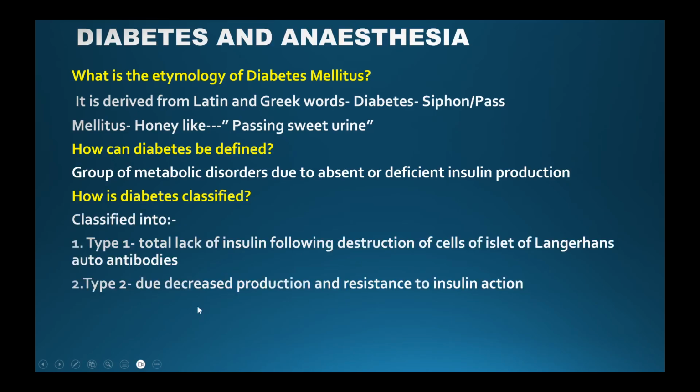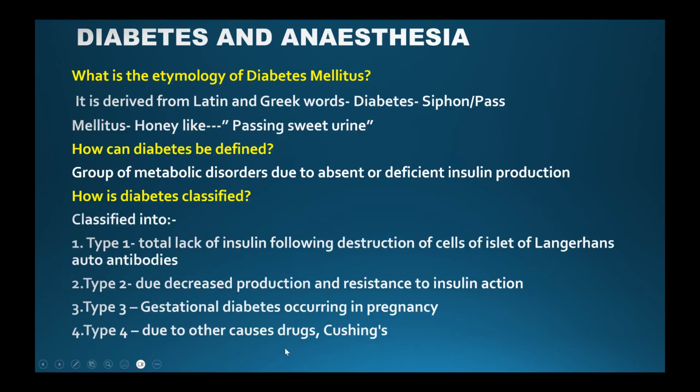Second is type 2, due to decreased production and insulin resistance. Type 1 was earlier called juvenile diabetes and type 2 adult onset diabetes. That is no more the terminology. Third is gestational diabetes occurring in pregnancy. And fourth is due to other causes like drugs, Cushing's disease, etc. So these are the four types into which diabetes is divided.